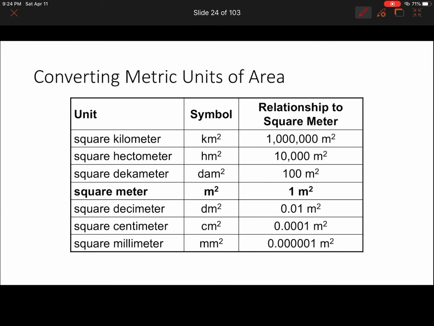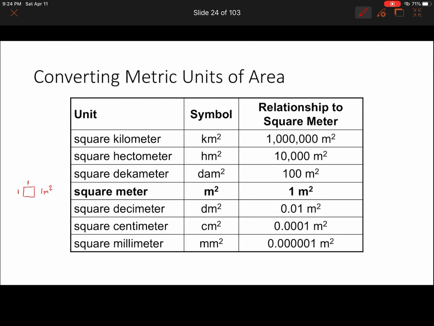And so what happens is each of those are increasing or decreasing by a power of 10. Okay? Well, the same thing is true when we talk about area, but it's that unit squared. So for example, if you have a square and the side length is 1 meter for each side, well then we would say, well, that's 1 meter squared.